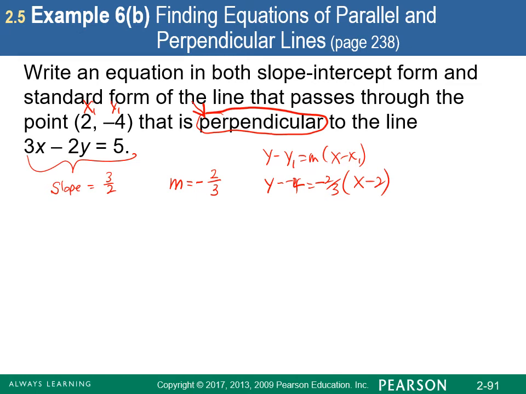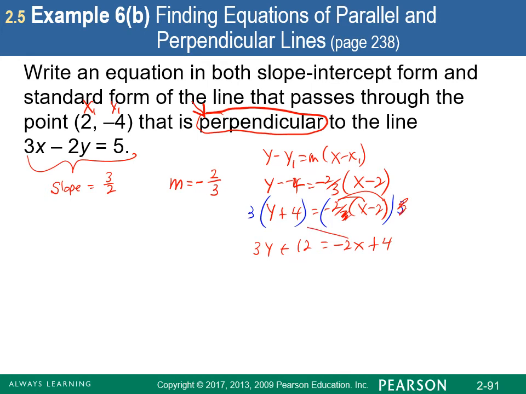So again, changing the two minuses to a plus. Multiplying both sides by 3, we have 3y plus 12 and negative 2x plus 4.